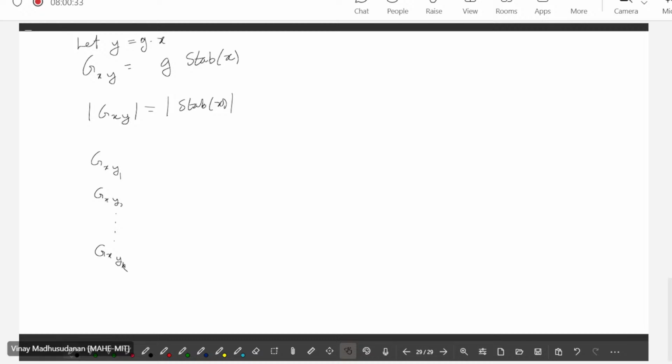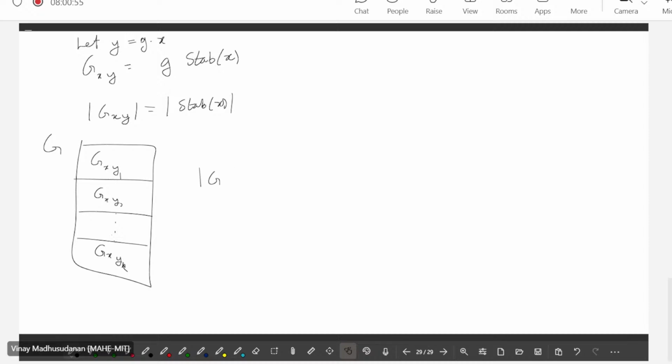So if you take any element g, you will get some such element y, so that you get the g_xy. So this is a partition of G, correct?